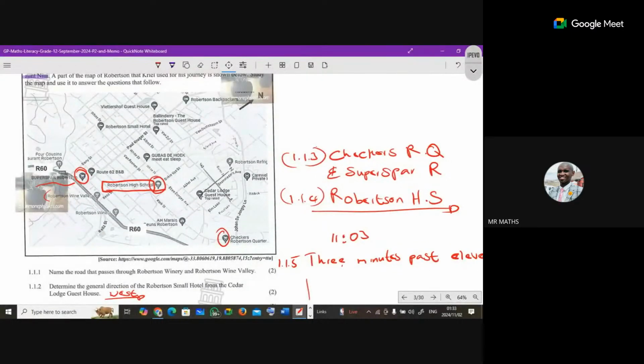Because you can see the roads. A road map will show roads. Once you see R60, you see the road is being mentioned. If there were national roads, they would be mentioned as well. So this qualifies the map to be a road map. I hope it makes sense.